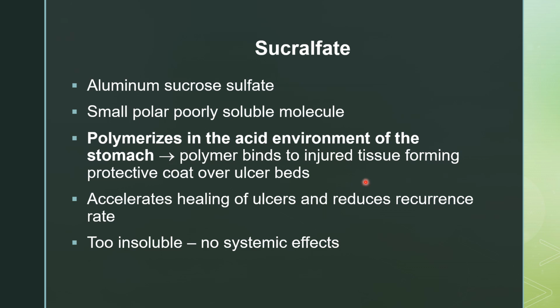Okay, it's a mucosal protector. Thus, it accelerates healing of your ulcers and reduces recurrence rate. Since it is too insoluble, there's no problem with systemic absorption. So, there's no systemic effect.